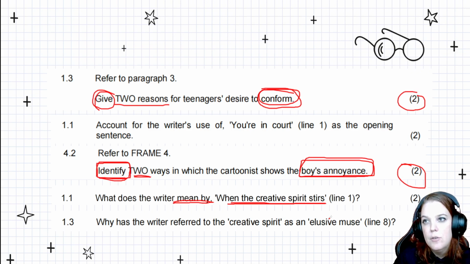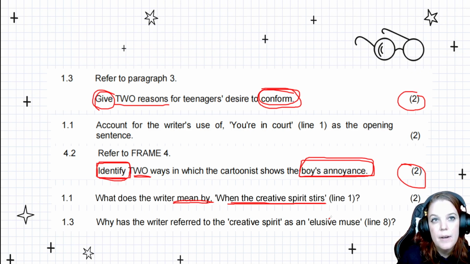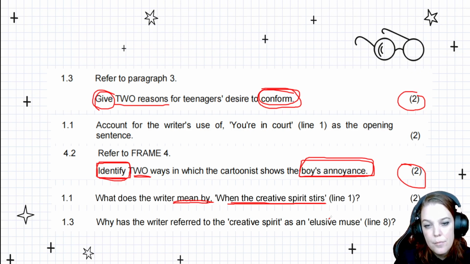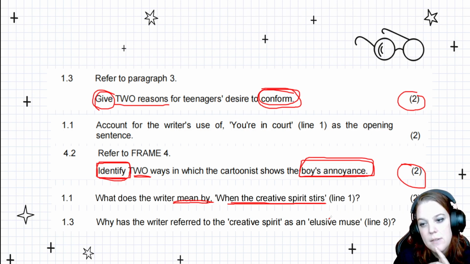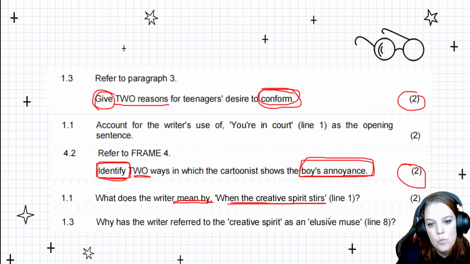They don't want us to give any new information. They want us to find what is actually happening, or explain what these words mean from the context of the comprehension. So we're not putting in any of our own thoughts or opinions, just purely breaking down what the writer is saying when they say this, and what these words mean.